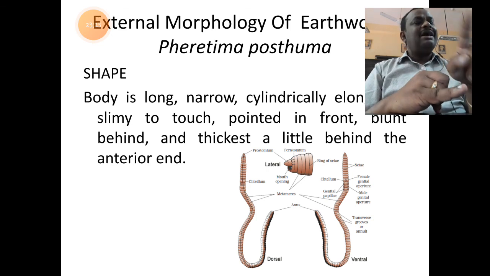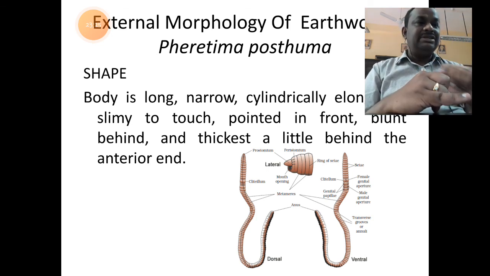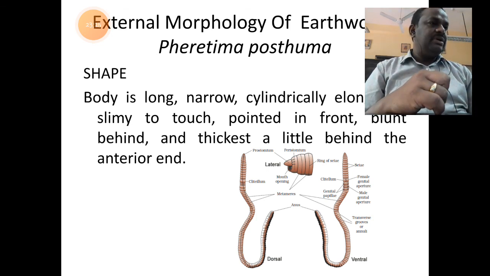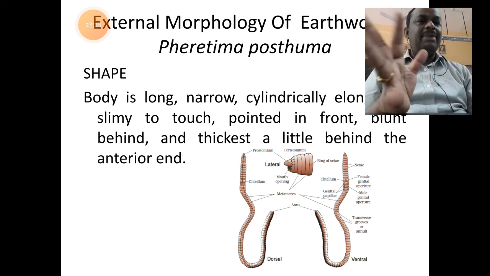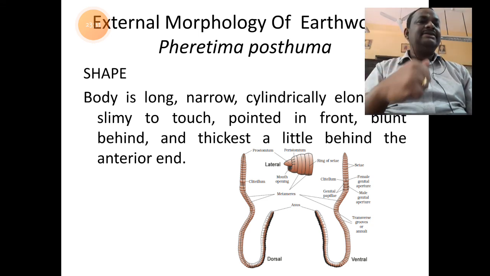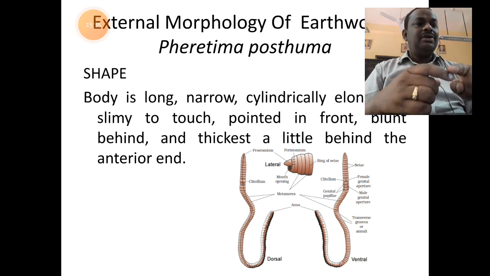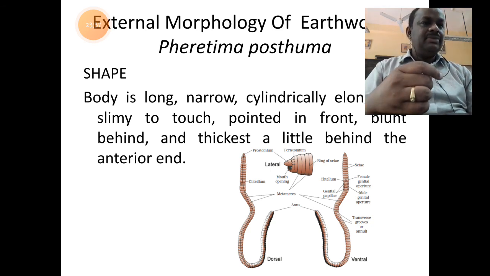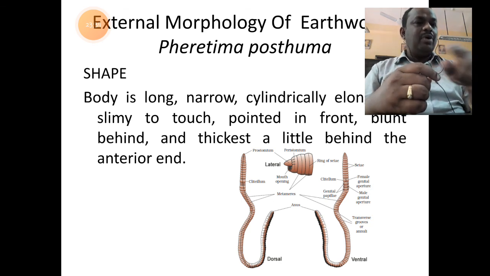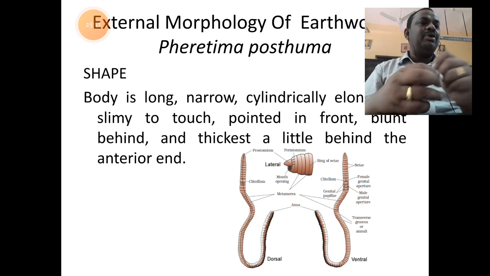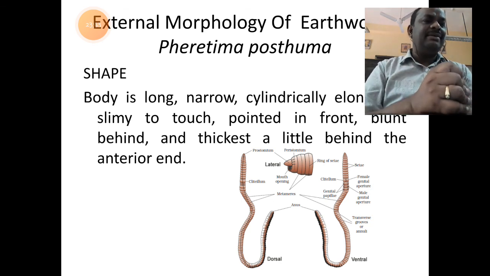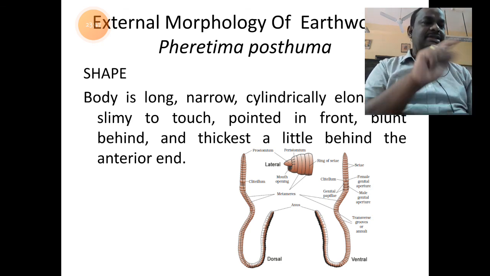Next, this concept of morphology of the earthworm is important for a major question. They generally ask for 10 marks to explain the external morphology of the earthworm. So concentrate on all the points and the diagram given here. Practice this diagram. The rest of the diagrams you need not practice except for this.